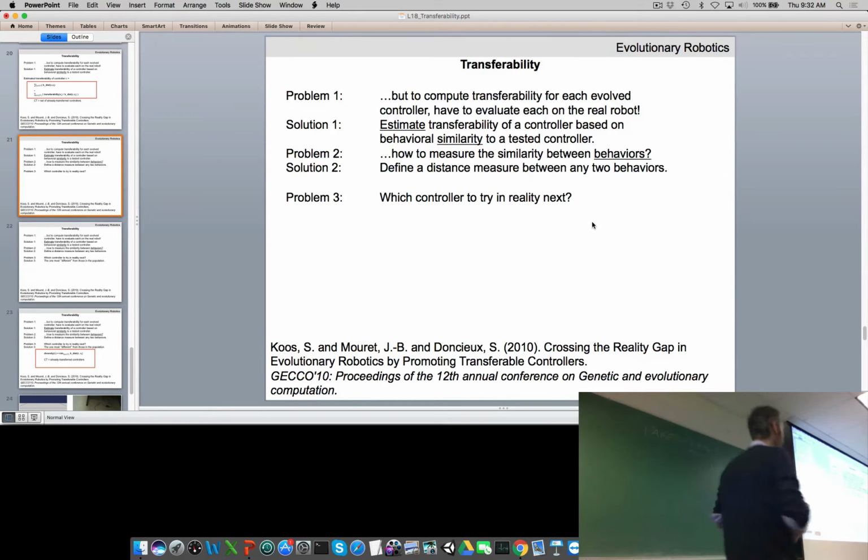Which one do we send to reality next? We have a whole bunch of them that we've evaluated on the virtual robot. We know how fast they make the virtual robot move. We've estimated their transferability, how likely that speed is to translate to the physical robot. Which one do we send next?